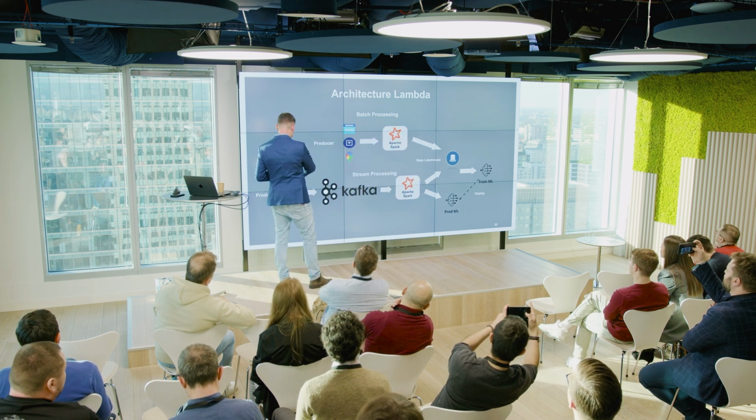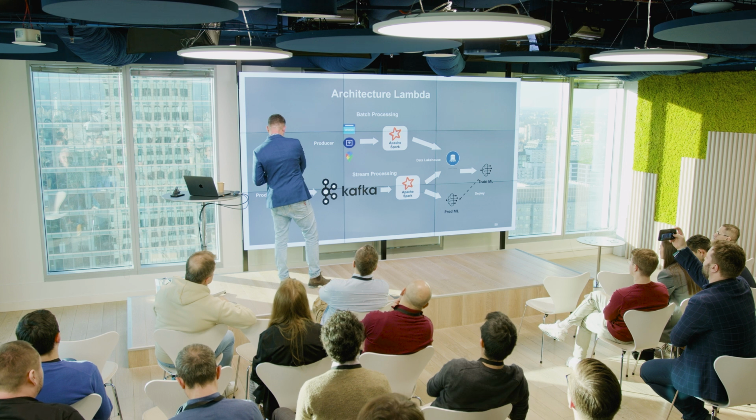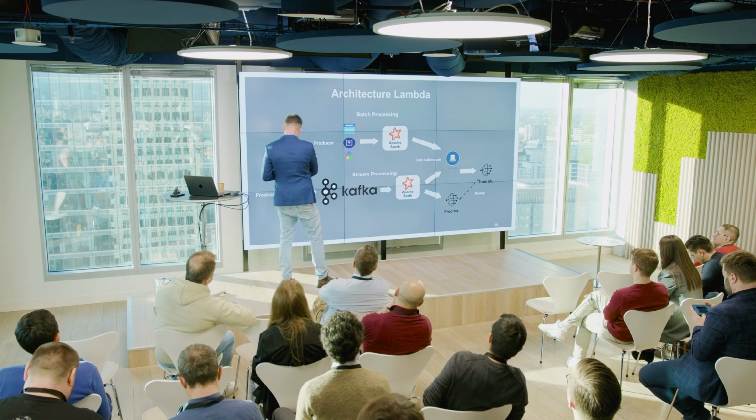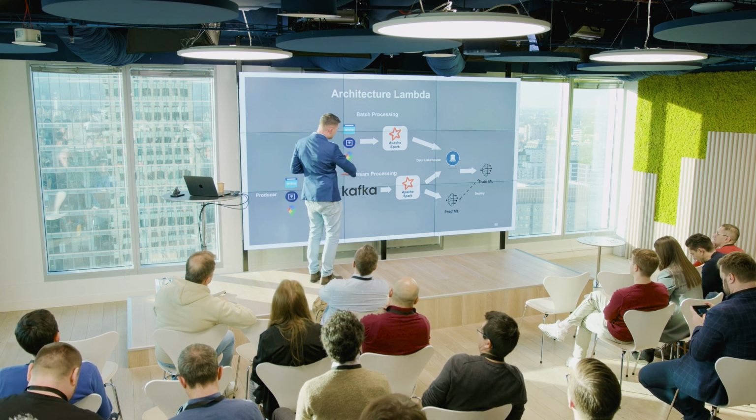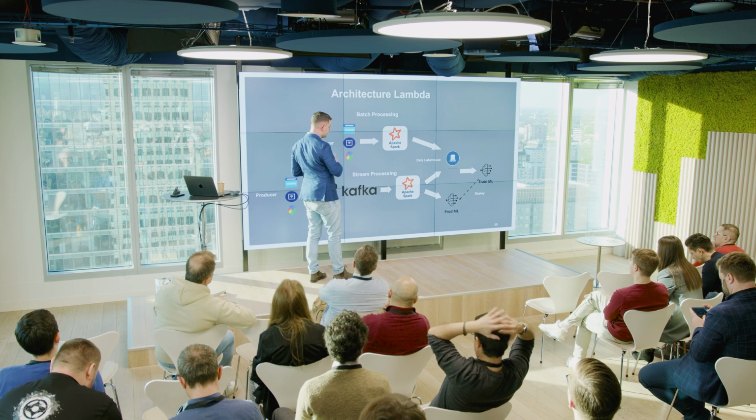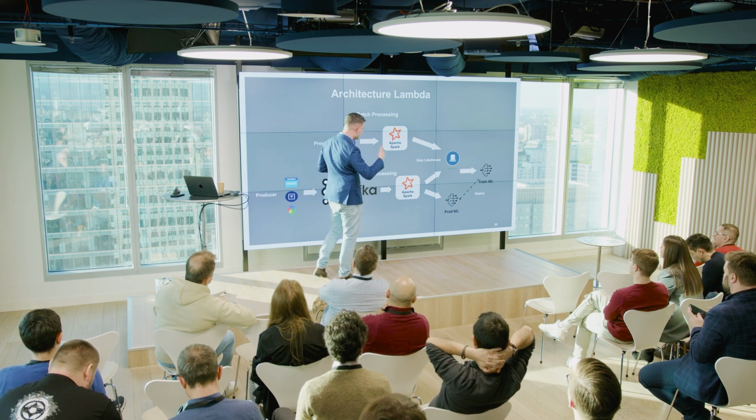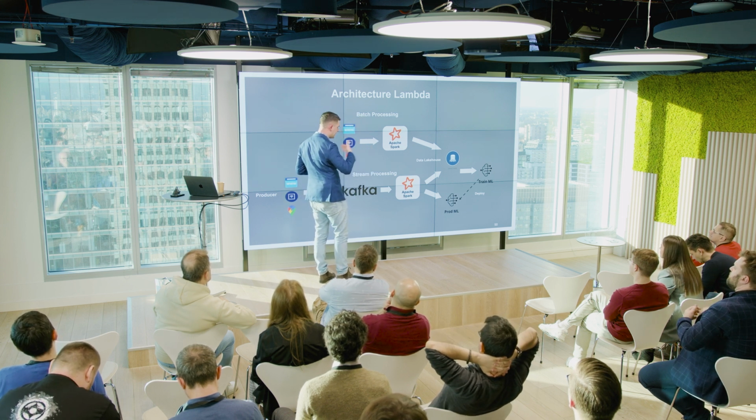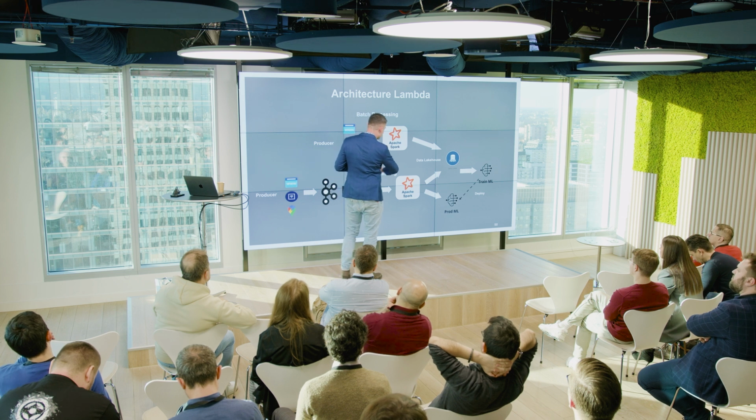Another flow is stream processing, and we have the producer, and this data streams all the time. So we have the streaming data, they are streaming all the time, and we are taking that data.